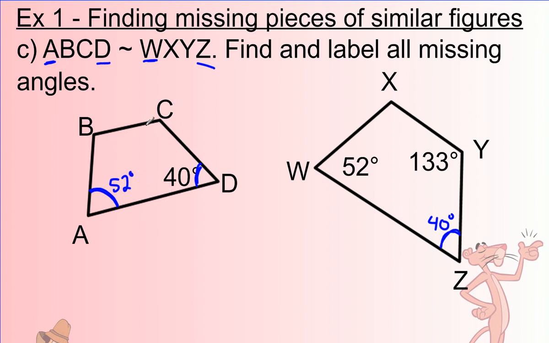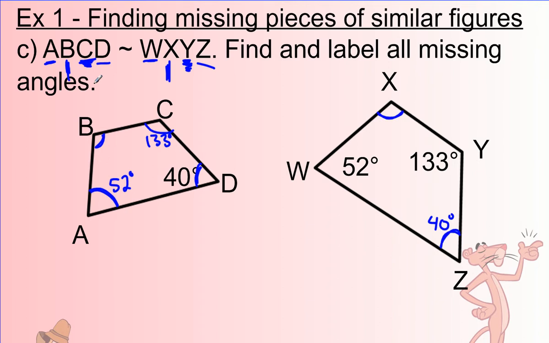Alright, so I need to find C. C corresponds to the third letter, Y. Y is 133, so C is too. Okay, so now we have just this last pair of angles, this X and this B. X and B correspond to each other, so that doesn't help me out because I'm missing both of them.